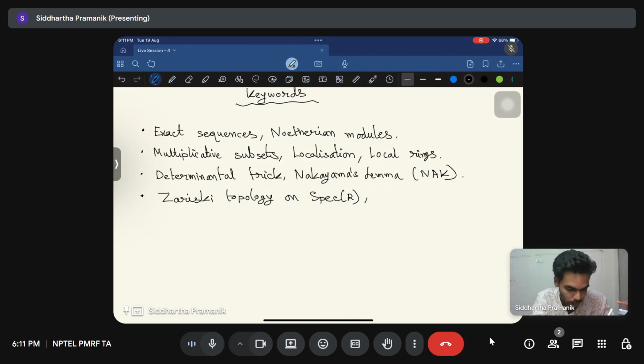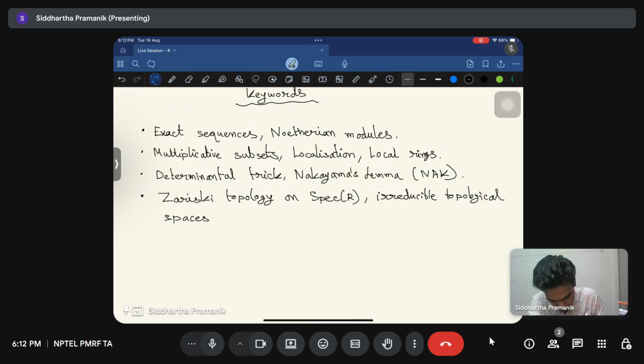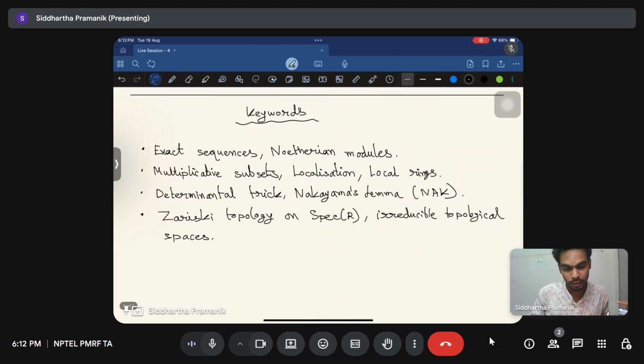And then one particular type of topology, irreducible topological spaces and so on. So these are the topics which have been done in week 4.